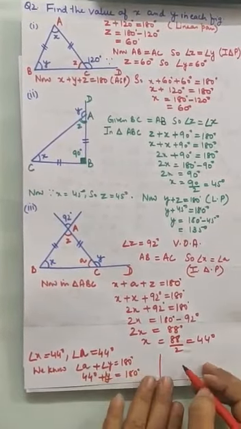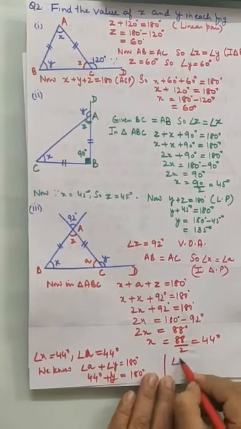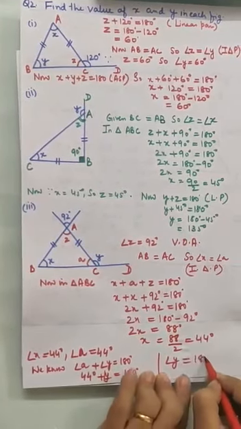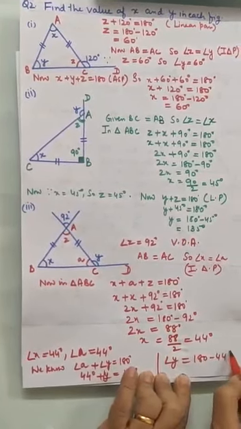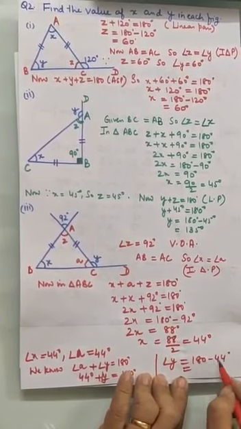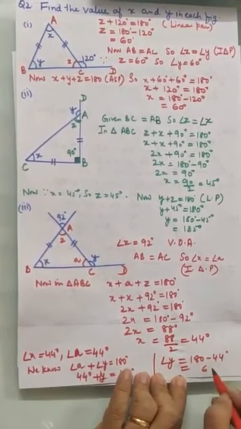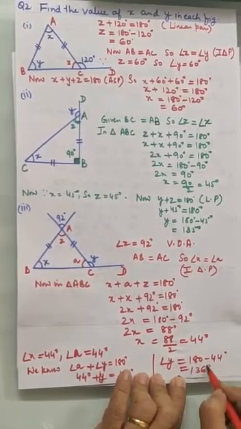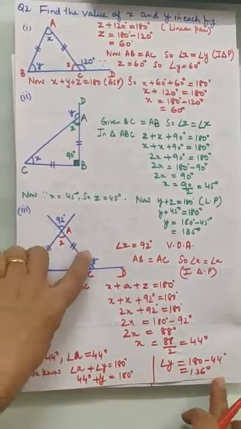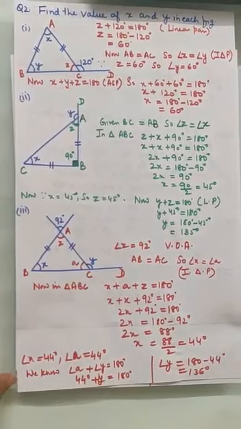Now what is angle Y? Angle Y is what? 180 minus 44 degree. So 10 minus 4, 6, 7 minus 4, 3, that is 136 degree. Therefore angle Y is equal to 136 degree.